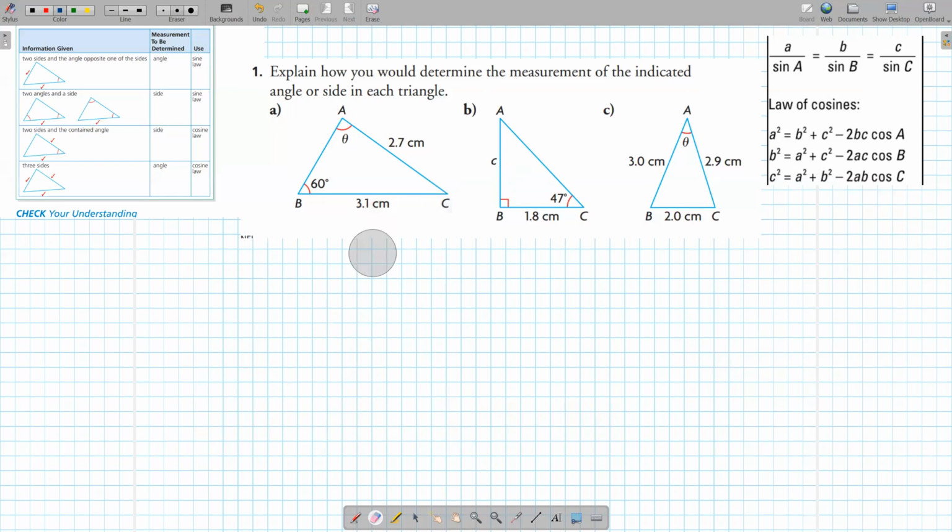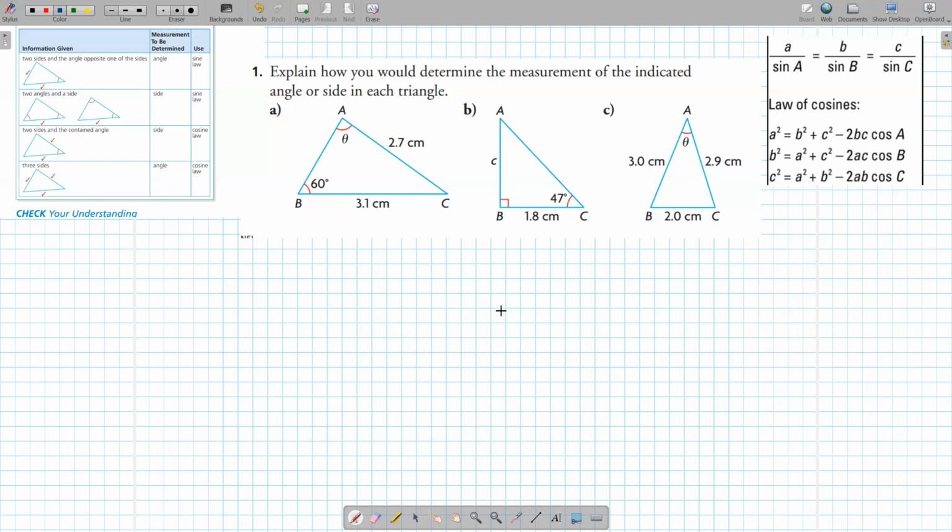Look at B. What's the approach here? We're trying to find this C, letter C. Any ideas?